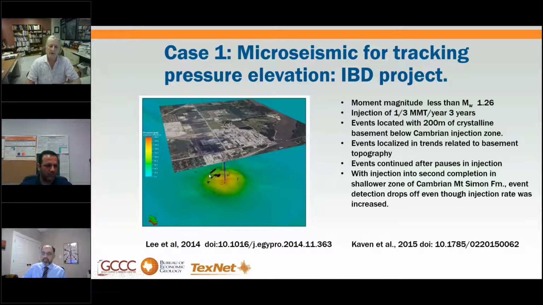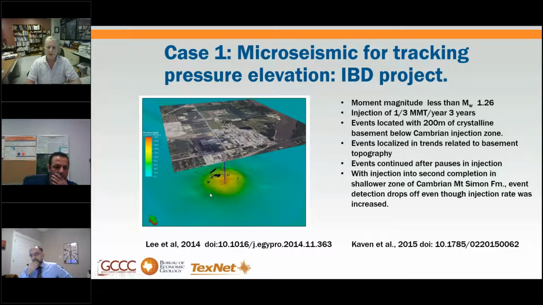They were able to identify some events that are shown in the subsurface. They're relatively small magnitude, but detectable so that you can locate them well. And they're within 200 meters of crystalline basement below the injection zone in the Cambrian.